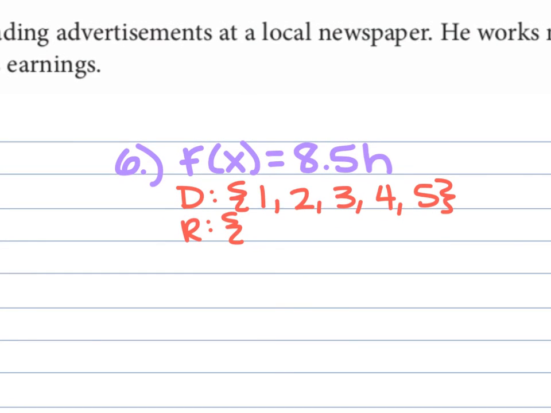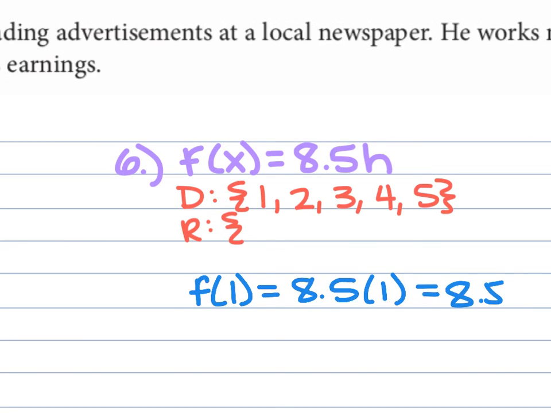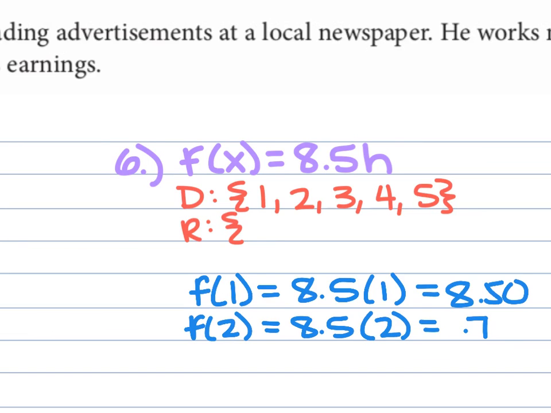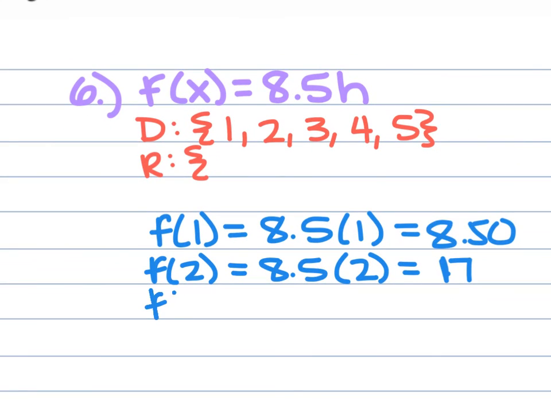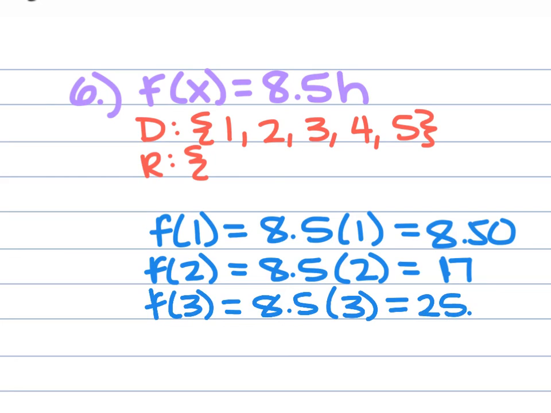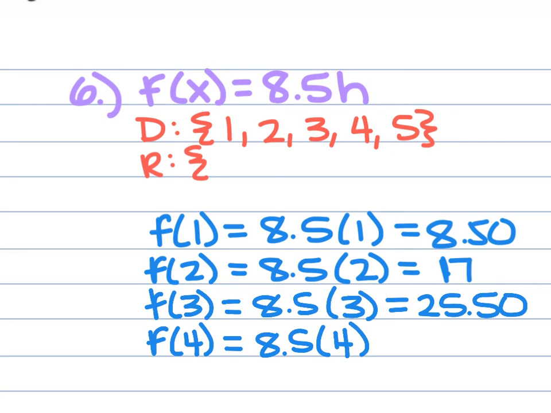So we're going to have f of 1 is 8.50 times 1, which is 8.50. f of 2 is 8.50 times 2, which is $17. f of 3 is 8.50 times 3, which is $25.50. f of 4 is 8.50 times 4, which is $34.